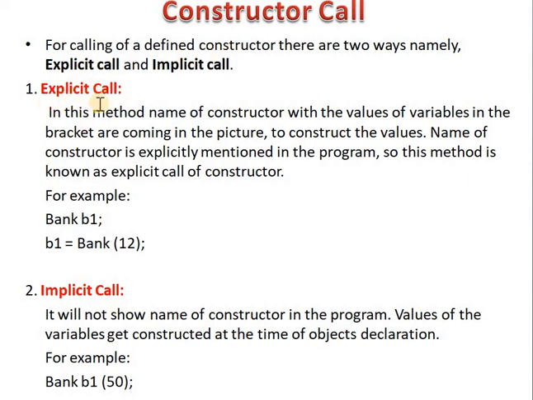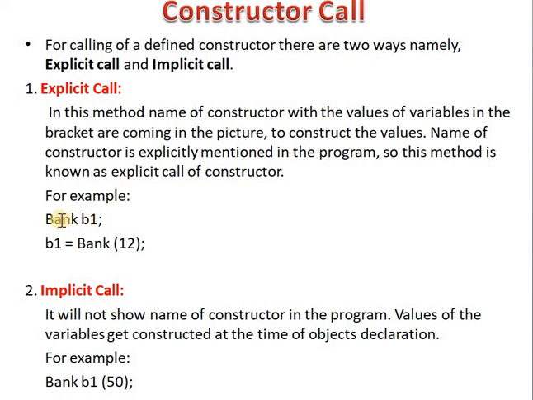In the explicit call method, the name of the constructor with the values of variables in brackets comes into the picture to construct the values. The name of the constructor is explicitly mentioned in the program. So this method is known as explicit call of the constructor.